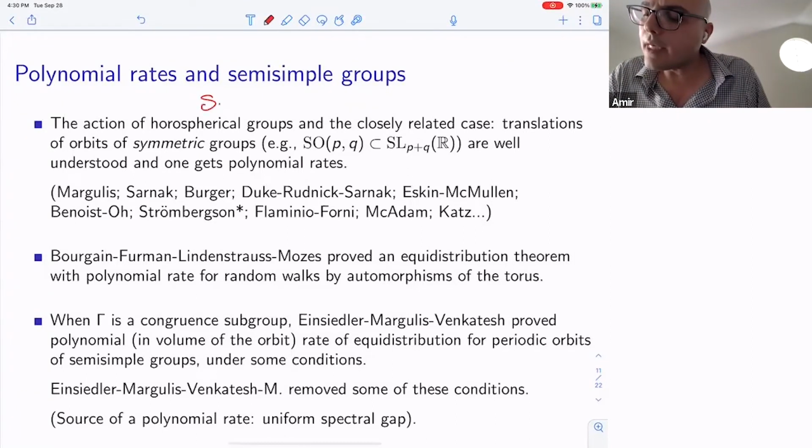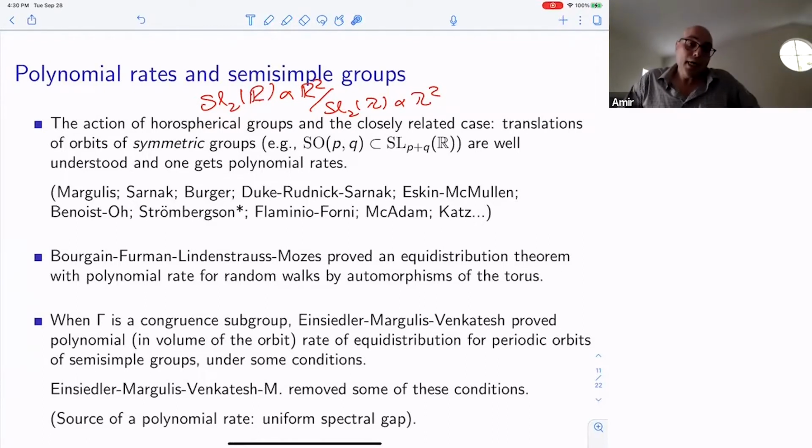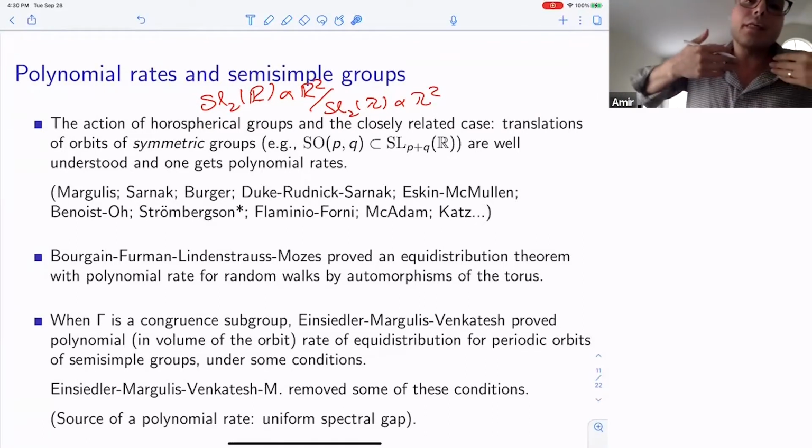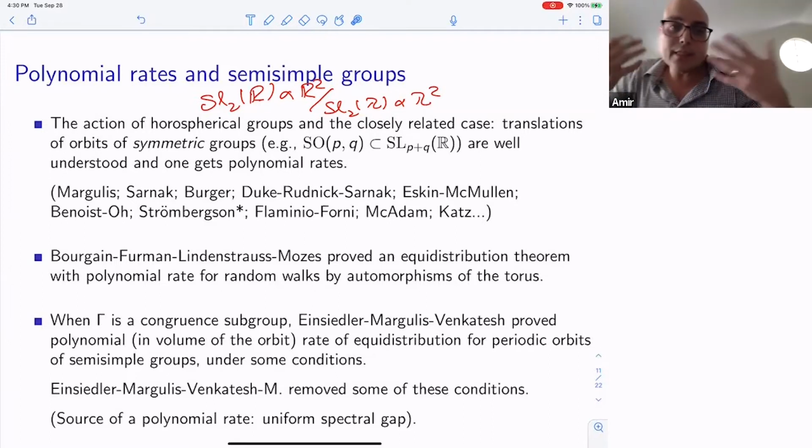So you look at maybe SL2R semi-direct product R2, modulo SL2Z semi-direct product Z2, and then you take a group which is the upper triangular subgroup in here. So this is not horospherical. The analysis here is substantially more complicated, but it is related to horospheres.